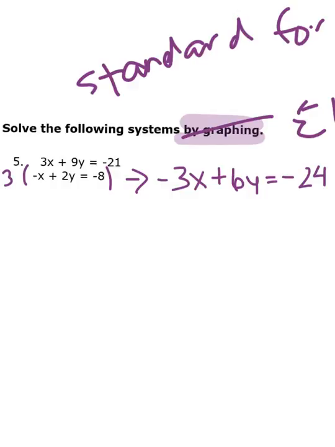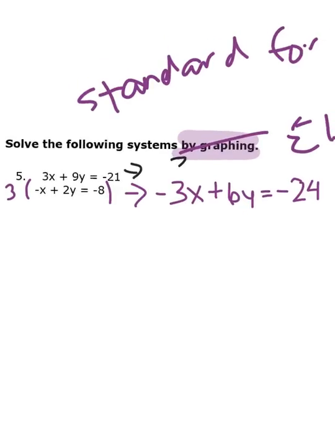So this bottom equation, every term was multiplied by this positive 3, giving me negative 3x plus 6y equals negative 24. I'm going to go ahead and write the top equation above. Nothing's changing. It's still 3x plus 9y.